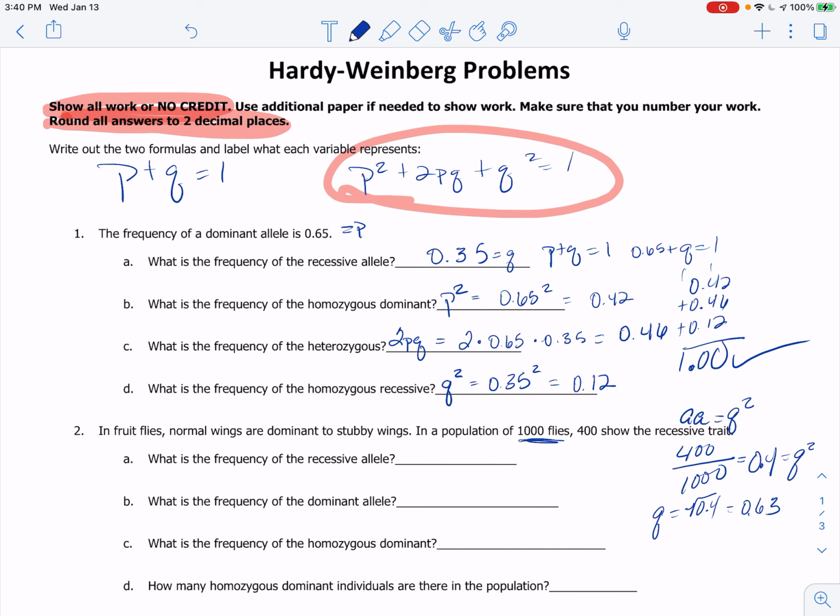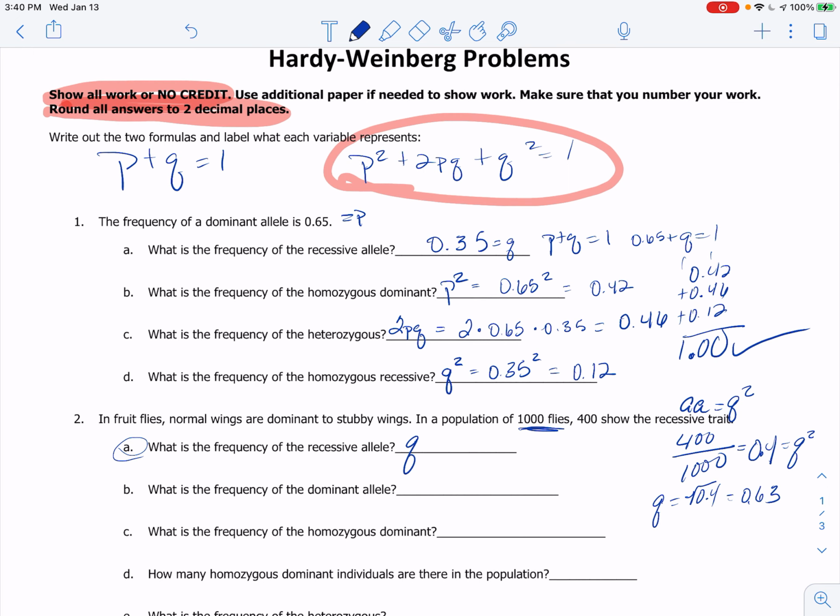So then it says, letter A, what is the frequency of the recessive allele? There we're just looking for Q. Well, we just figured that out, and that is 0.63. And then for B, what's the frequency of the dominant allele? So P equals 0.37.